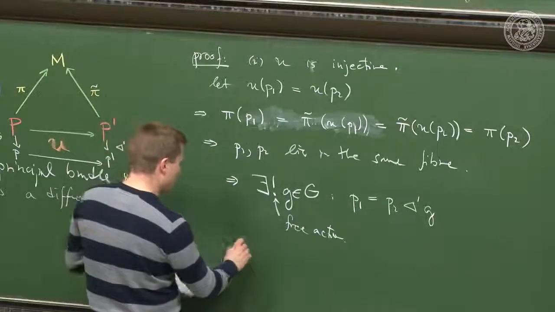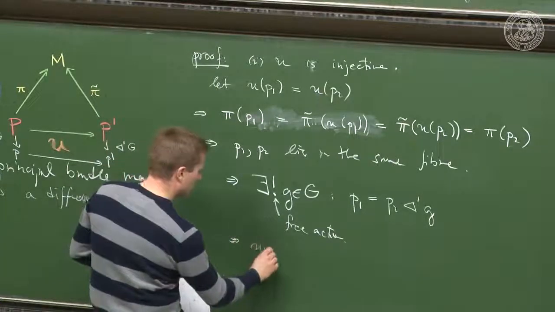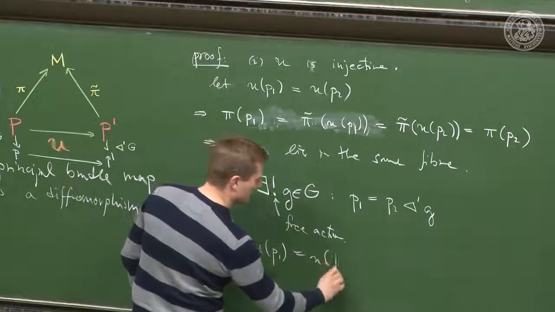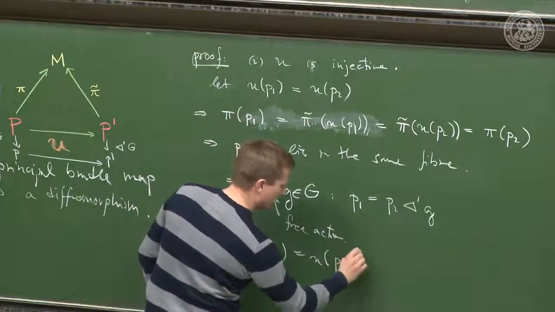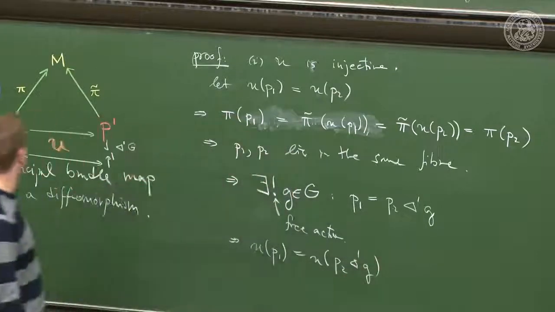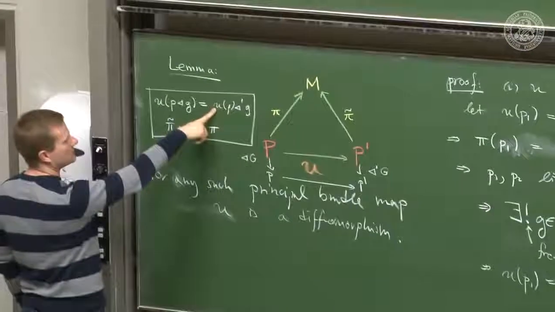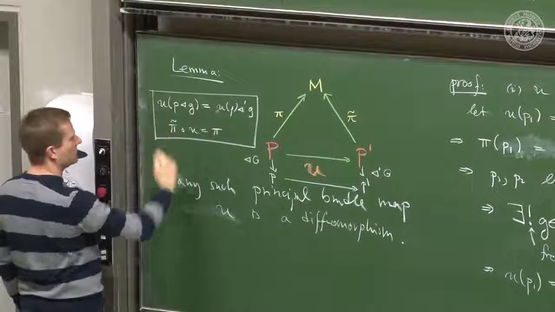But then you have that U of P1 is, of course, U of P2, and we have this action on it. Now we refer to the equivariance property of the principal bundle map.